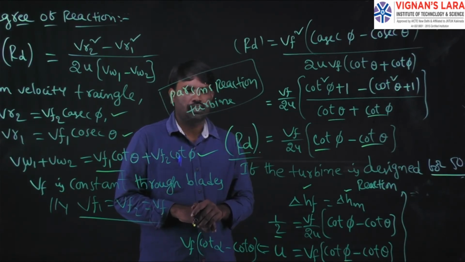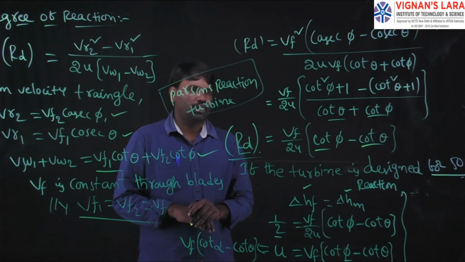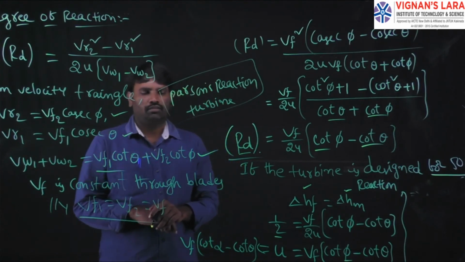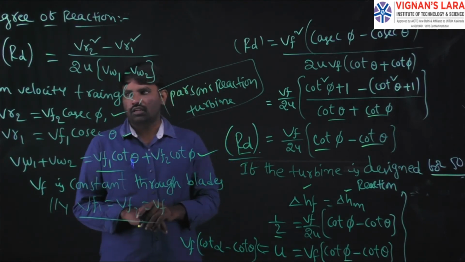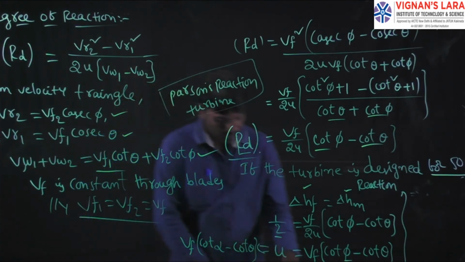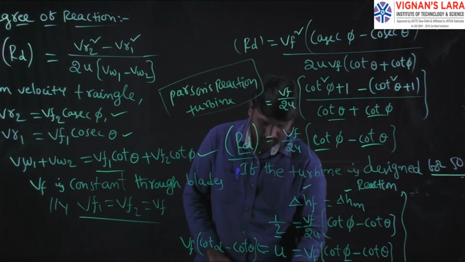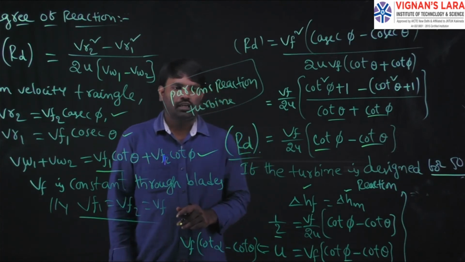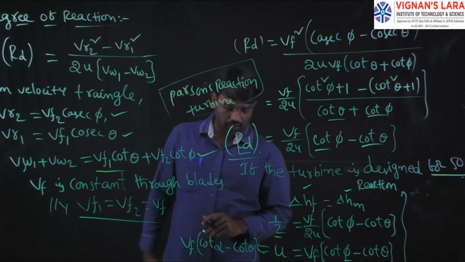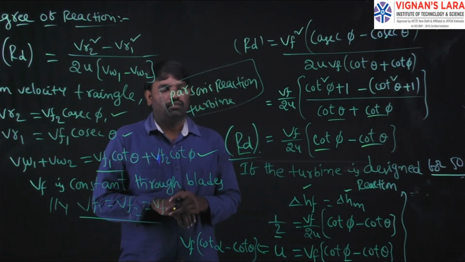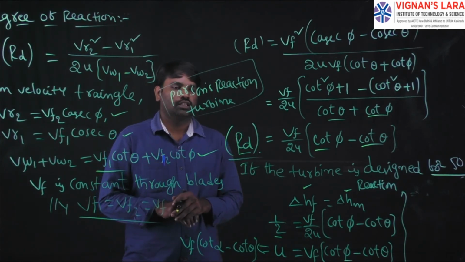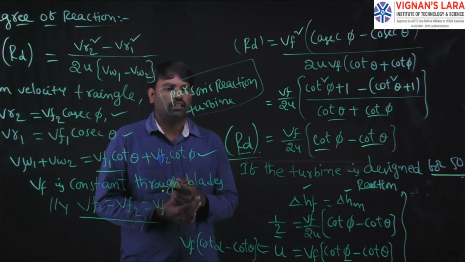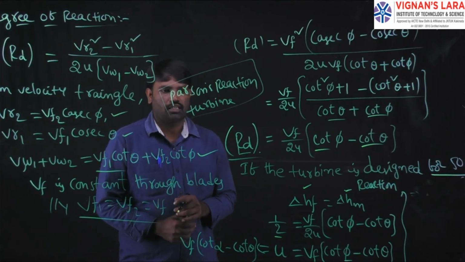You can apply the conditions of the reaction turbine, like theta is equal to beta and alpha is equal to phi, as previously discussed, and Vr1 is equal to V2 and V1 is equal to Vr2. These conditions you have to apply while drawing the velocity triangle for the reaction turbine.